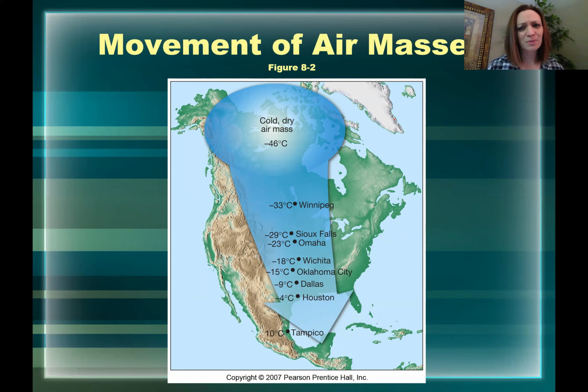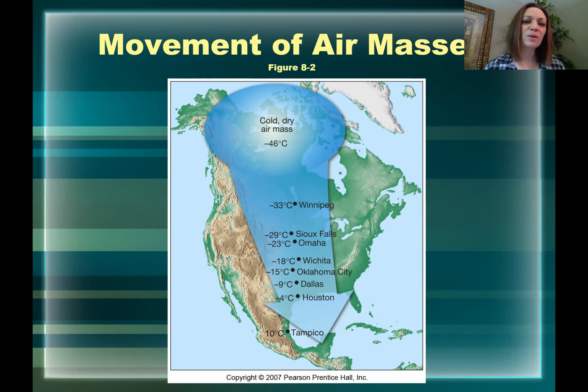Or maybe a little closer to home in Michigan, sometimes we get a continental Arctic air mass that comes down through central Canada and then moves into the United States and brings some really astonishingly cold conditions with it. Notice that as it moves out of the source region, the longer it spends out of the source region, the more those characteristics are going to start to change a little bit.